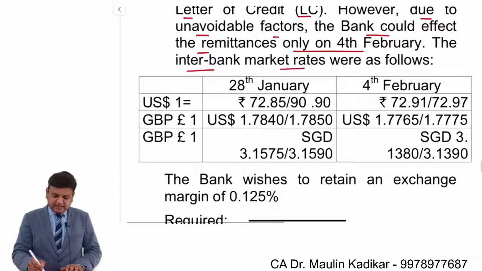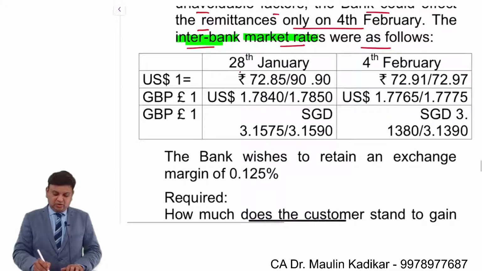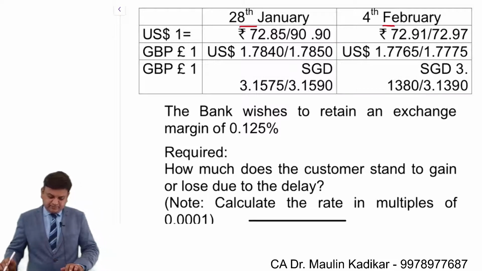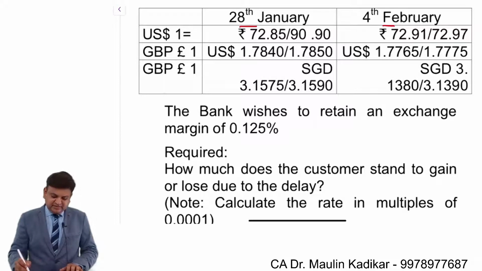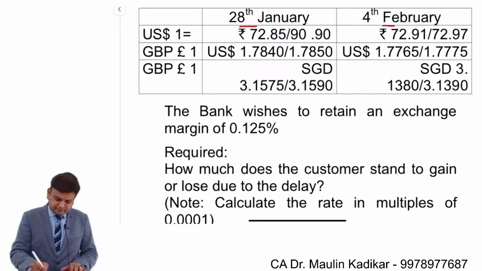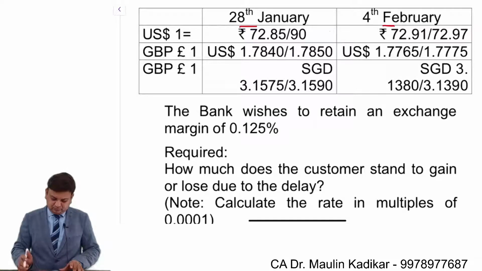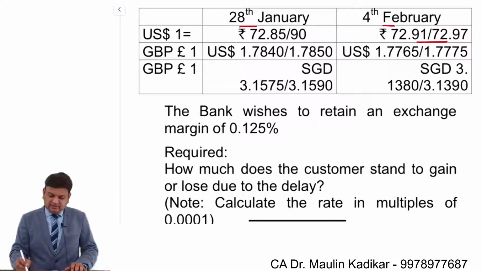The interbank market rates were as follows on 28th of January and on 4th of February. The exchange rates have been provided to us. 72.85/90. 72.91/97.